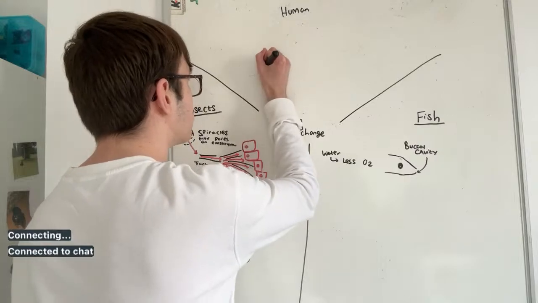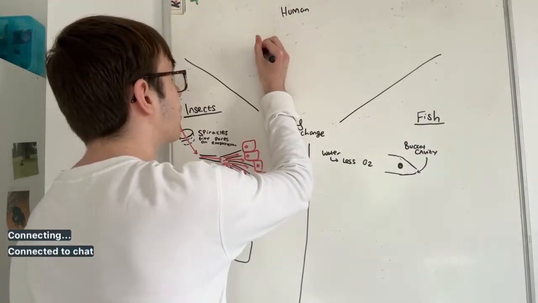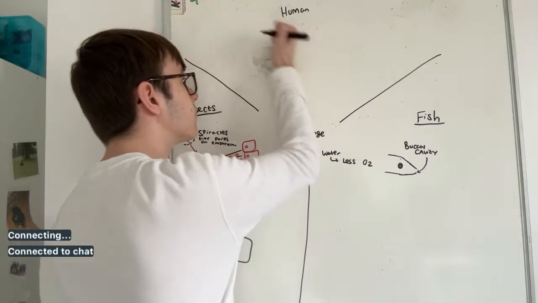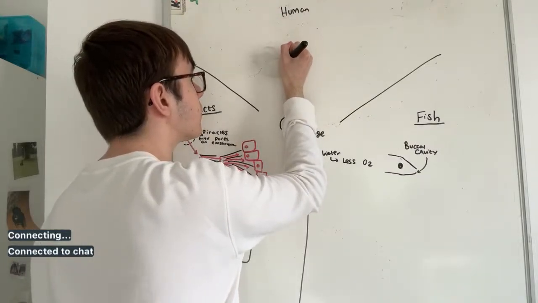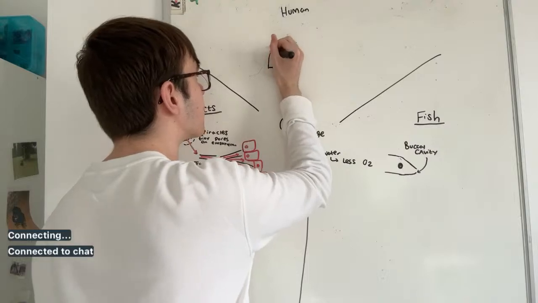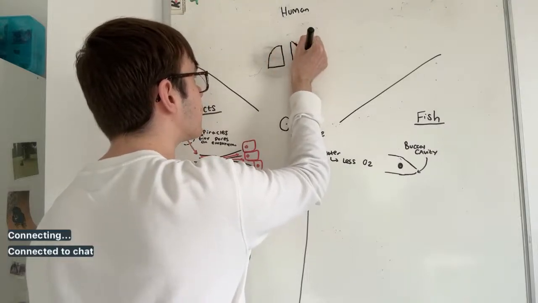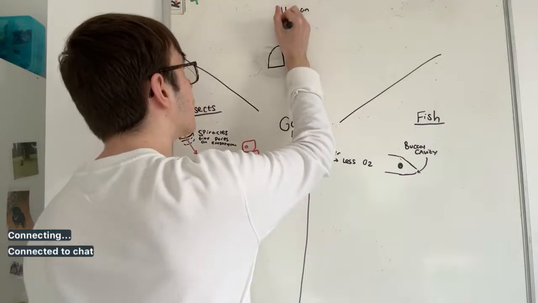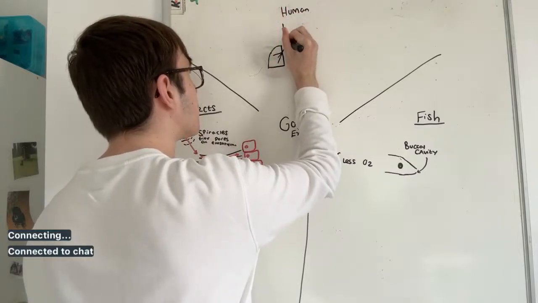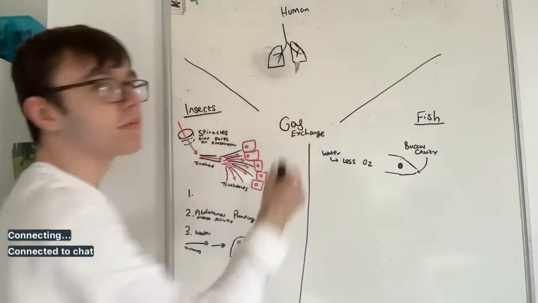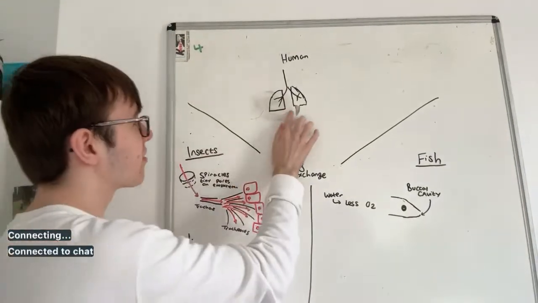So you have your two lungs, which I'm just going to draw very basic. How am I going to do this? Just like that. I guess that's my best drawing of a lung. I know it looks stupid.